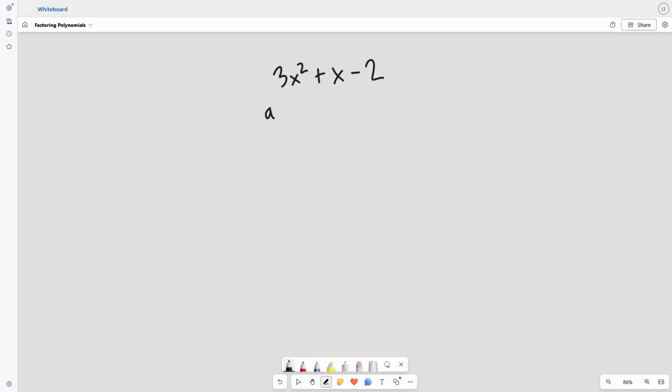So the leading coefficient will be a. a is 3, b equals 1, and c equals -2. And so you want to think, what factors of a times c add up to b? a times c equals -6.